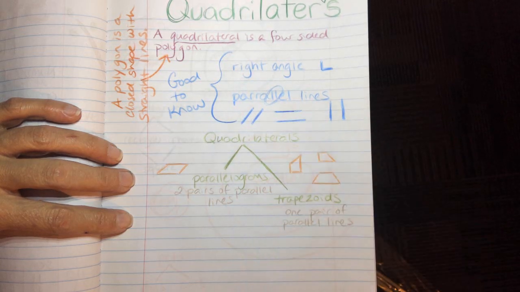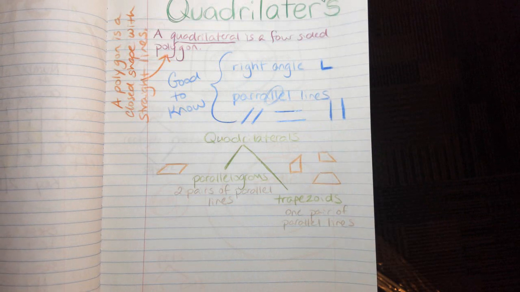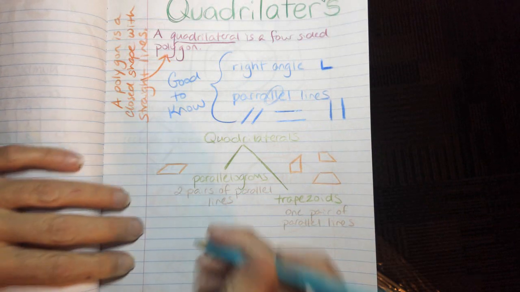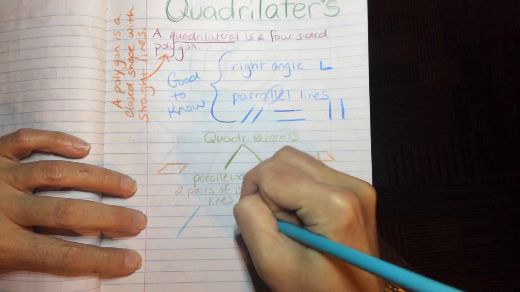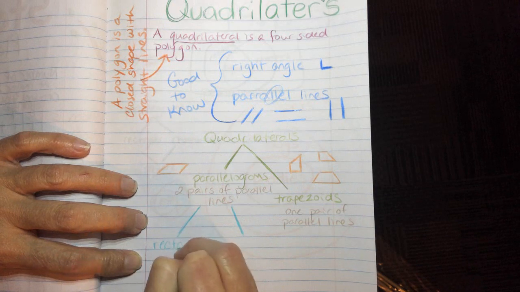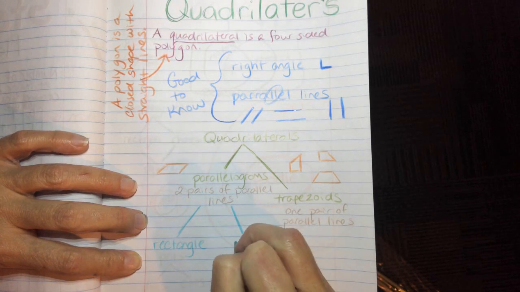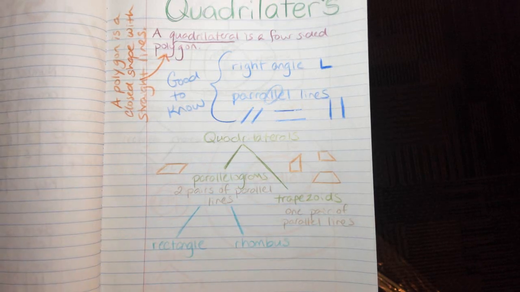But of course we're not done, because there are different kinds of parallelograms. So there is the rectangle and the rhombus.